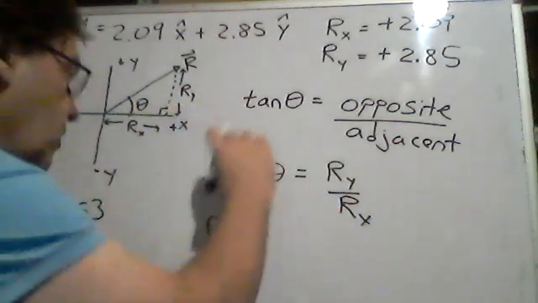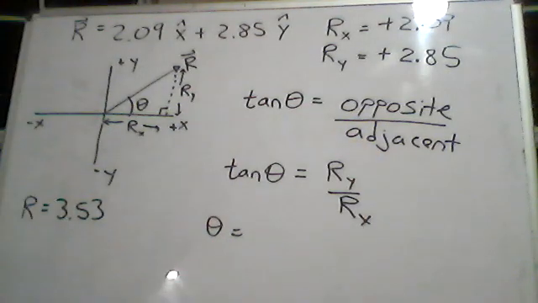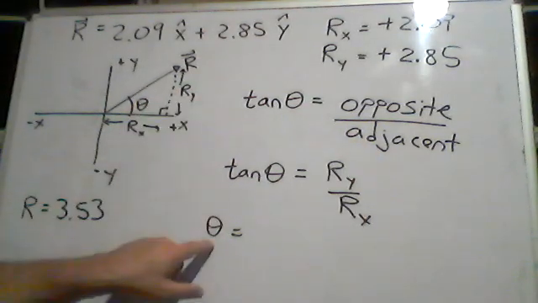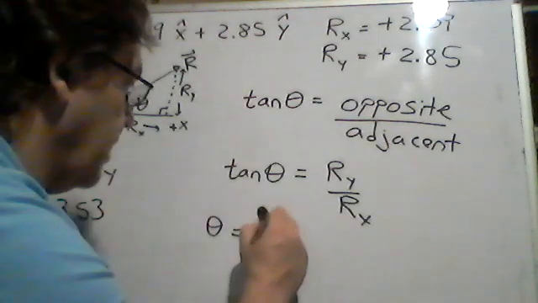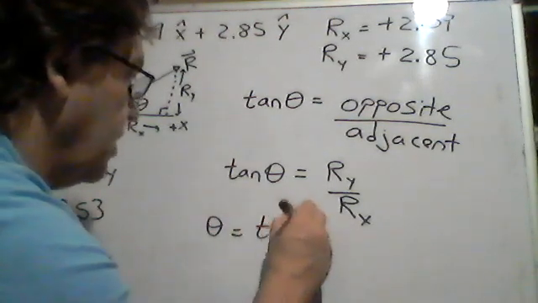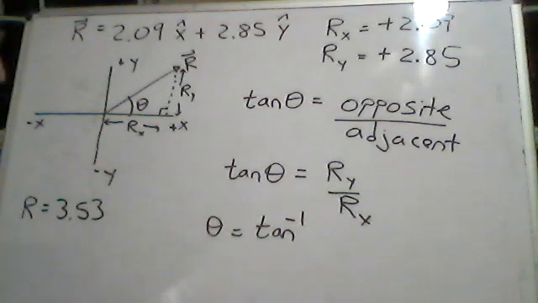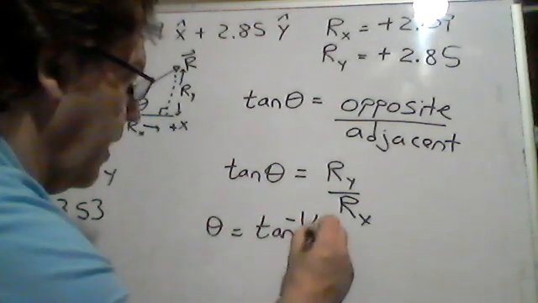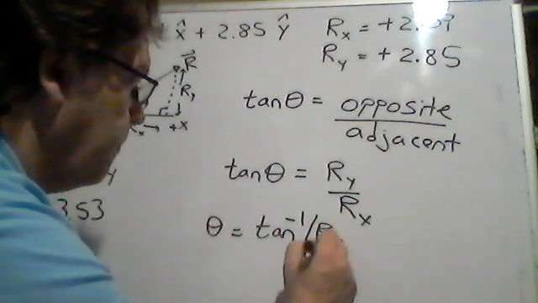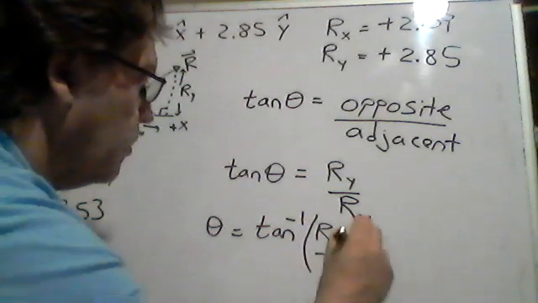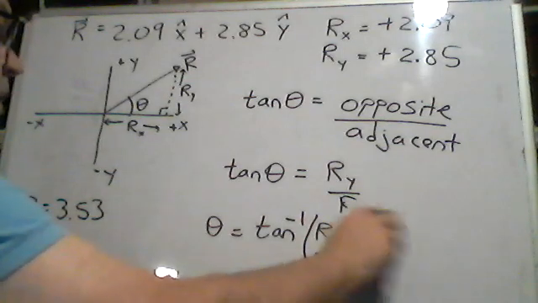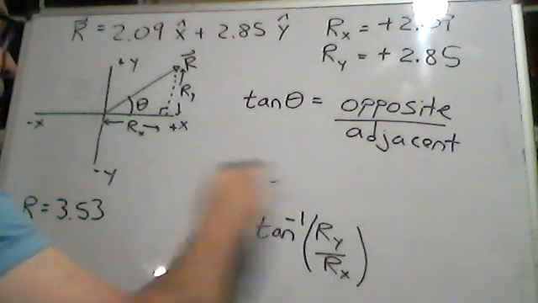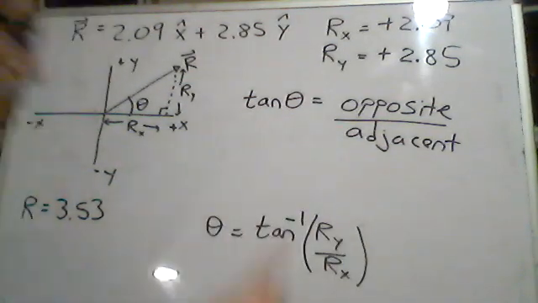I'm going to take the inverse tangent, or the arctangent, of both sides. The arctangent of a tangent just gives you the angle back again. And then, of course, the arctangent on the other side is just the arctangent. We also call it tangent to the minus 1, or inverse tangent, of r sub y over r sub x. Doing another step of algebra here, I'm going to plug the numbers in.